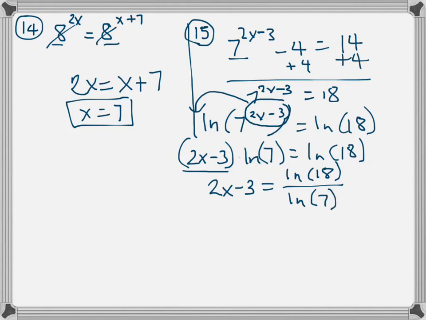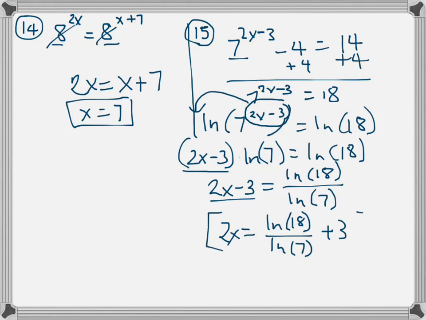So basically what that just did is change the base from 7 to e. And now I have the exponent that I'm dealing with. Add the 3 over. 2x is equal to this whole natural log business, 18 over natural log of 7. Add the 3. And now I've got to take that whole thing and divide it by 2. So let's divide by 2.